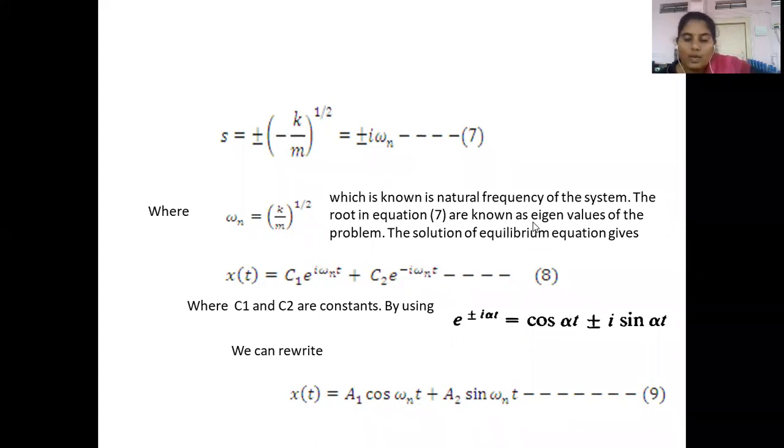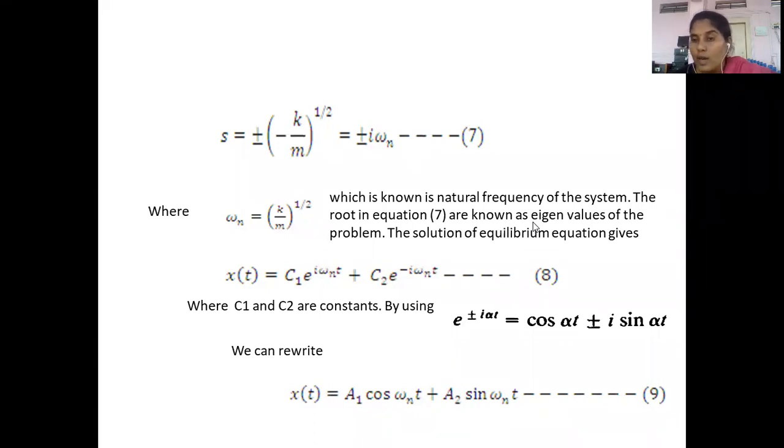Okay, now let us look at equation number 2, what we had done in that equation. That was m x double dot plus k x equal to 0. For solving this quadratic equation, we have put x of t is equal to e raised to st. So in that, e raised to st, these two are the constant parameters.